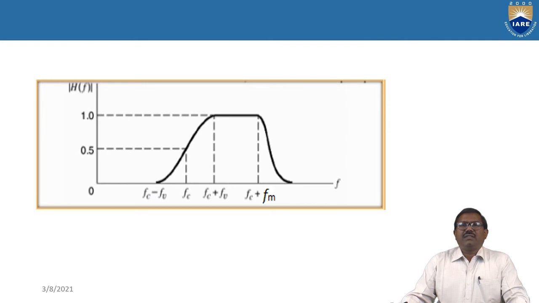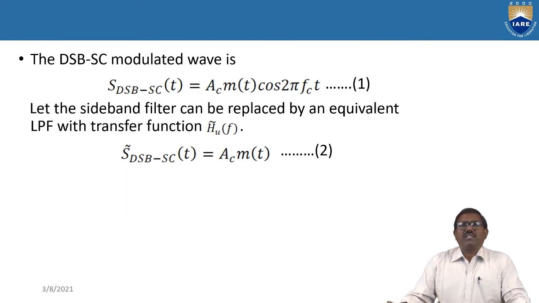Here you can see FC the carrier frequency, and FC plus FV, there is some part of the vestige, and FC plus FM. You can already see this in the picture. Now the DSB modulated wave is represented as Ac m(t) cos 2 pi fc t. Let the sideband filter be replaced by an equivalent low pass filter with the transfer function H tilde U of f.